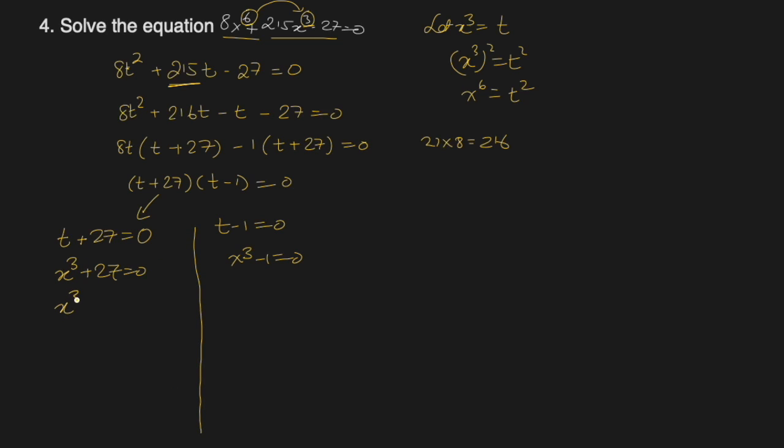So x cubed equal to negative 27, and if we cube root both sides, x is equal to negative 3 here, and x cubed equal to 1, and cube root both sides again, x is equal to 1. We could have involved complex numbers in this, because it has more factors, but they have not given any condition that we can go for them, and this question is worth 3 marks only, so better we stop here.